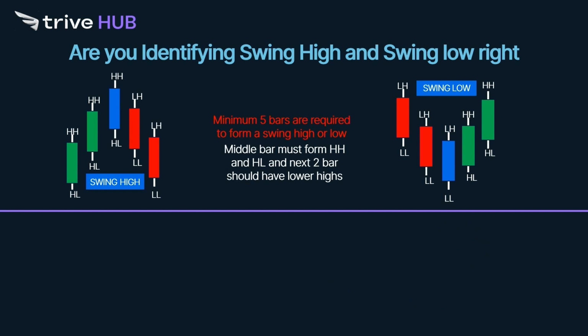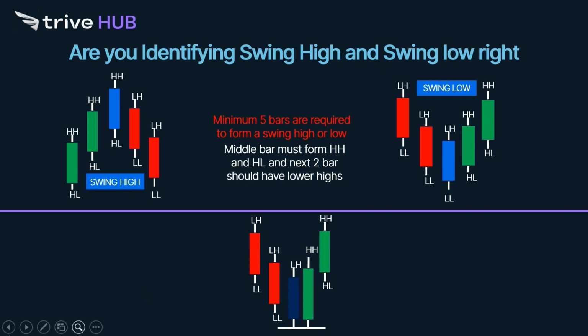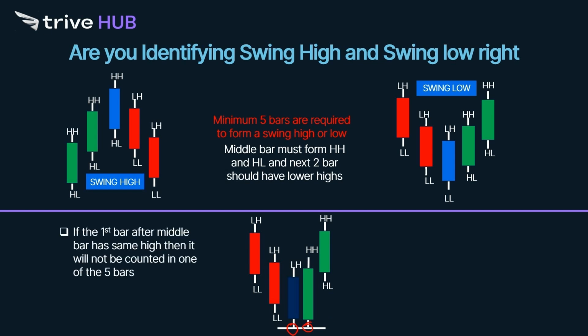One variation is there. What happens if both of the candles, this one, the lowest low candle, and the next candle have formed the low at the same price? Then this green color bar, the first green color bar, will not be counted, because if the first bar after the middle bar has the same high or same low, then it will not be counted in one of the 5 bars, meaning now it needs one more bar to confirm this as a swing low, because we need the next 2 bars from the middle one.